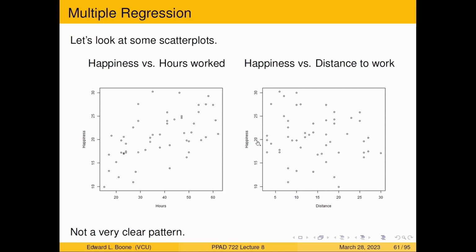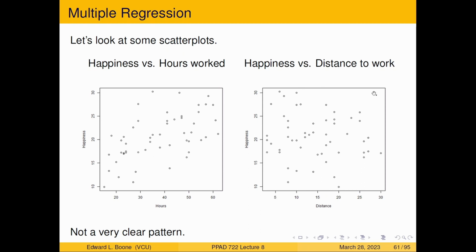All right, so we can look and see what these variables look like against each other. Happiness is our outcome, so it's going to be on our y-axis on both of the plots. We've got hours worked, and we've got distance to work. And if you look here, there's a little bit of a pattern, but not a great pattern. You can see that corners are empty, maybe suggesting there's a positive relationship.